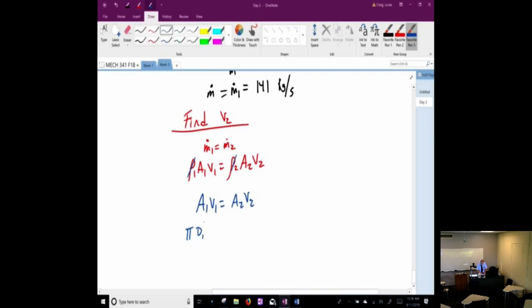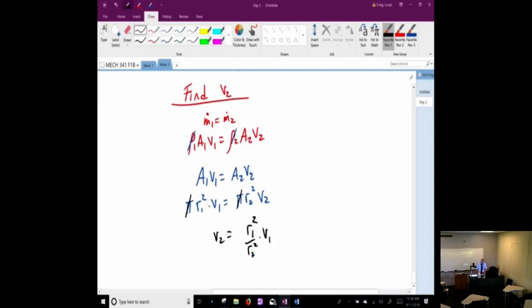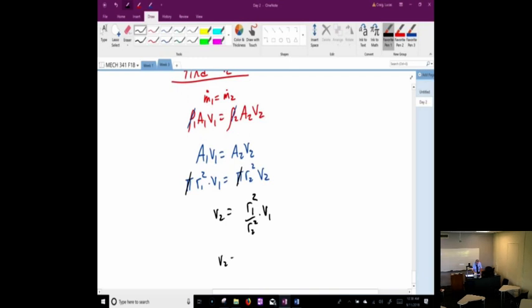The pi's cancel. Just showing you if this ever happens again, this comes out to be this. So R1 was 300 squared divided by 160. Check that for me too.